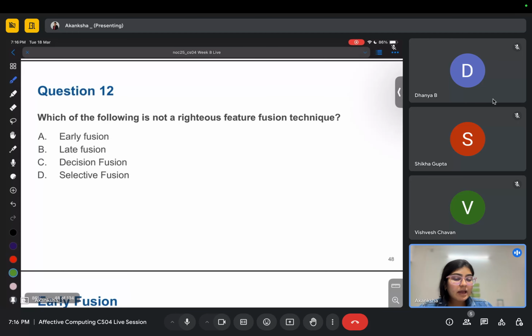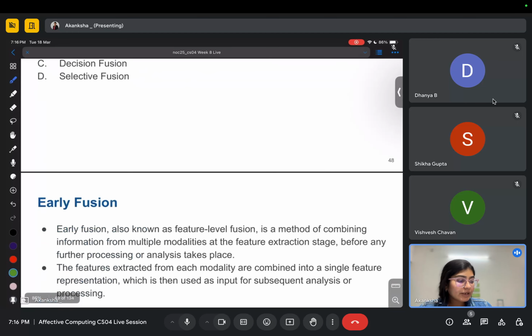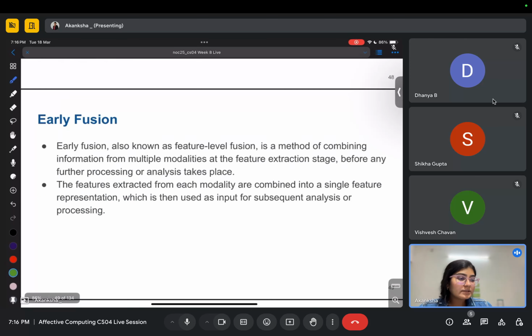So we have discussed the early fusion technique, which is known as feature level fusion, right? I see Vishesh has joined right now, so I'll briefly go through it once again. Mostly we are talking about multimodal emotion recognition today, and we have discussed a few techniques.